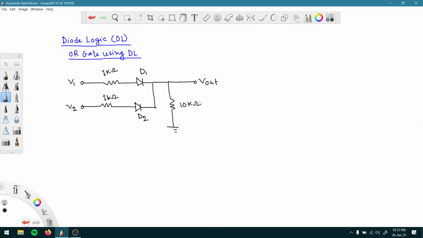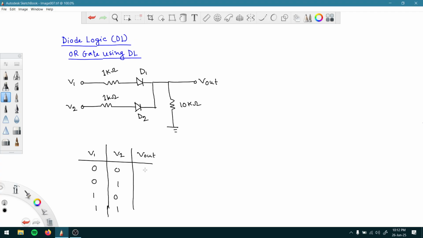So first of all, let us look at the truth table. V1, V2 are the inputs and V out is the output. Very easily we can understand how it should look. We have 4 possible cases for an OR gate because we have 2 inputs, right?